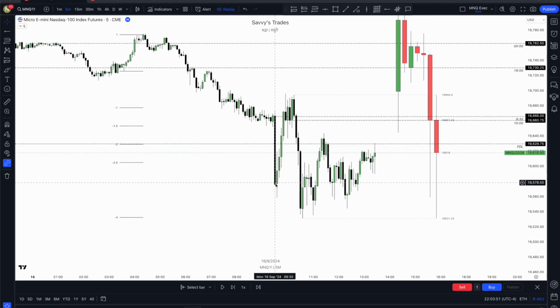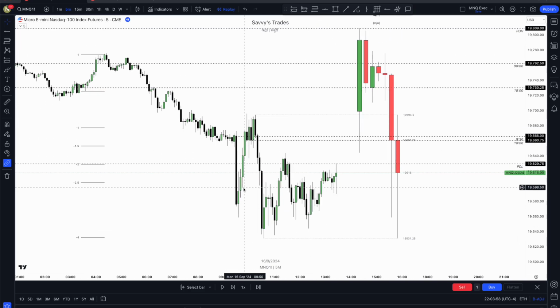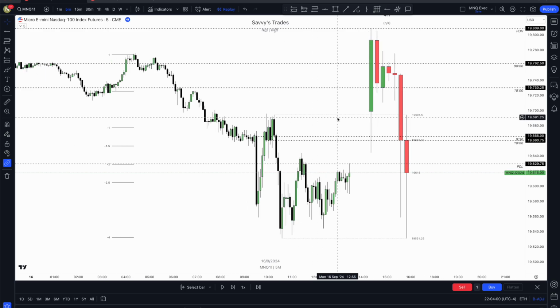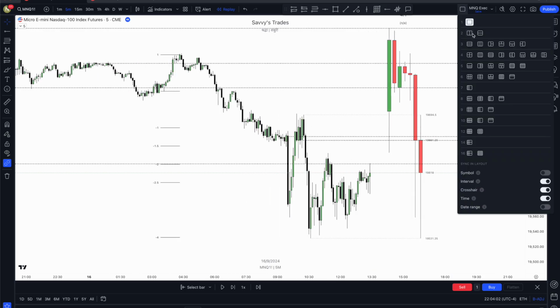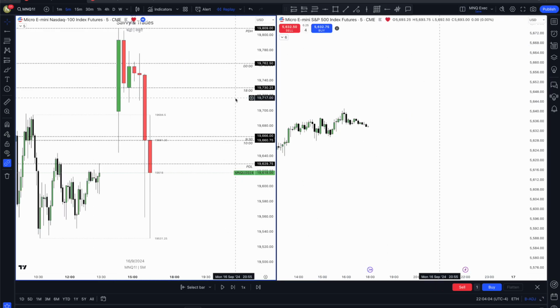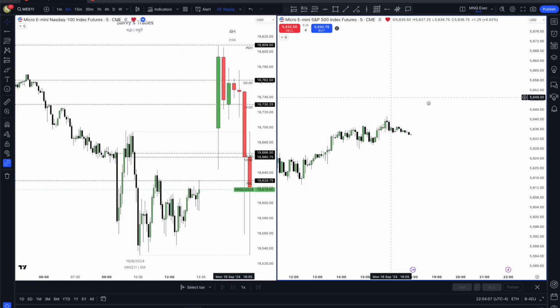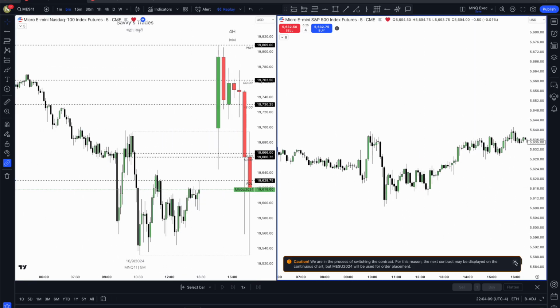So after price moved heavily to the downside, I was waiting to see how price moves higher. Now here is the interesting portion. Let me add ES as well on this chart.